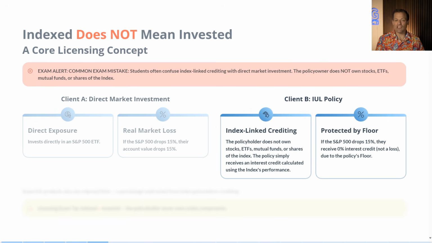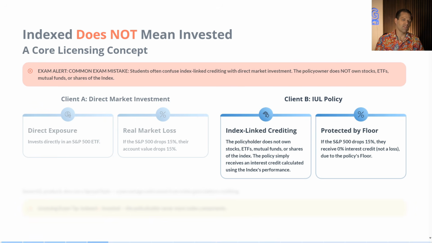Whereas in an IUL policy, the policyholder does not own stocks, ETFs, mutual funds, or shares of an index, and the policy simply receives an interest credit calculated using the index performance. And it's protected by a floor. So if the S&P 500 drops 15%, they'll get a 0% interest credit, which is not a loss due to the policy's floor.